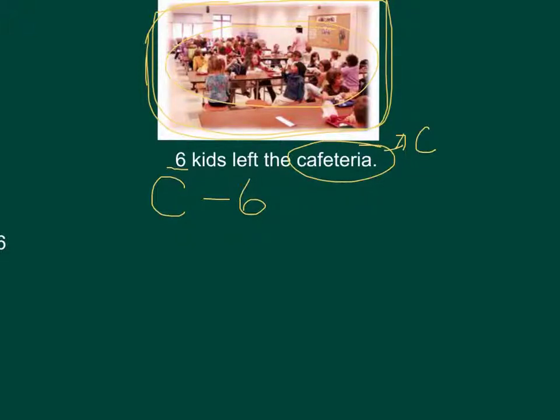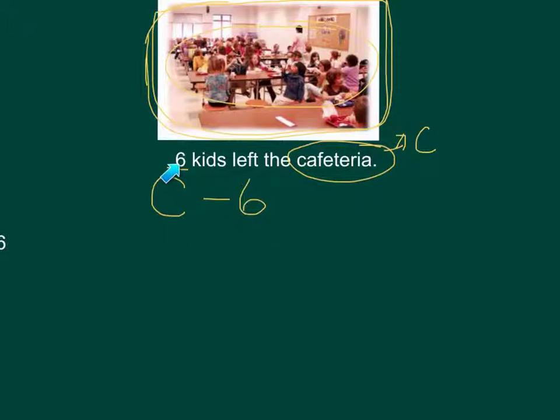Now why is that? I started out with the cafeteria, and it had a bunch of kids in there. I don't know how much, I didn't count them. But maybe I was standing by the door, and I saw 6 kids leave. How many kids were in the cafeteria? We don't know. So we put our variable there to stand for the kids in the cafeteria.